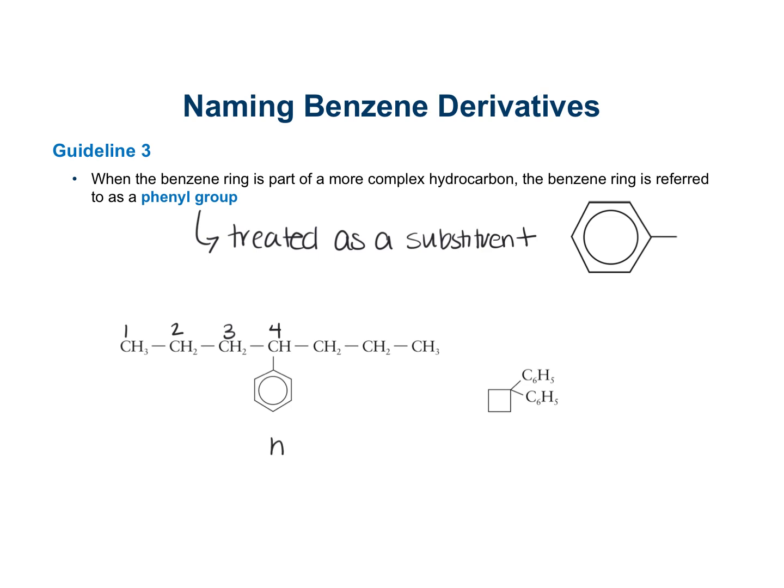And so those are all single bonds, so that would be called heptane. And then we would say, look, that's 4-phenylheptane. Sometimes benzene is shown as C6H5, like in the next example, and we would say, look, that's 1,1-diphenylcyclobutane. Okay. So here are some examples of how benzene is named.